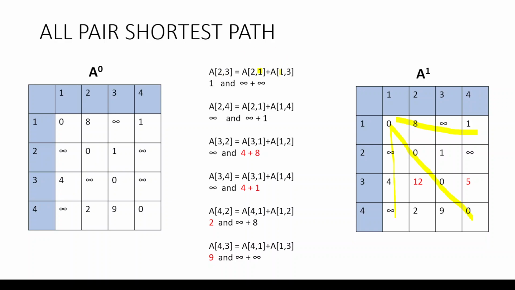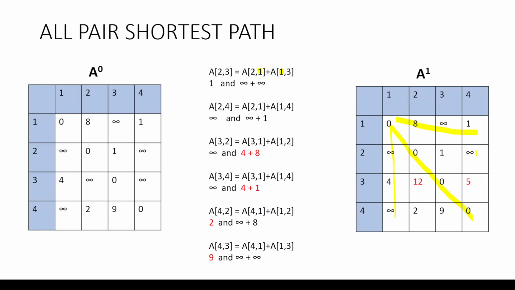So it will be A of 2 to 1 plus A of 1 to 3. A of 2 to 1 is infinity here. What about A of 1 to 3? 1 to 3 is again infinity. Now A of 2 to 3 is 1. So I need to compare 1 with infinity plus infinity. Which is smaller? 1 is smaller, which was the initial weight. So I am retaining it and not making any change to it.